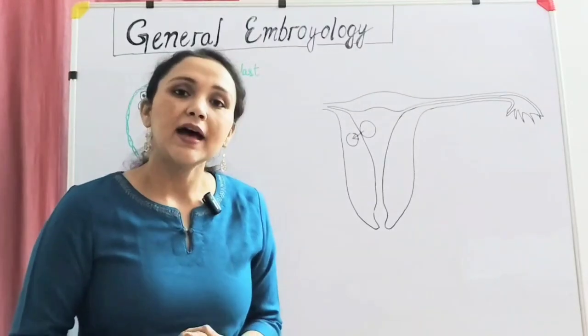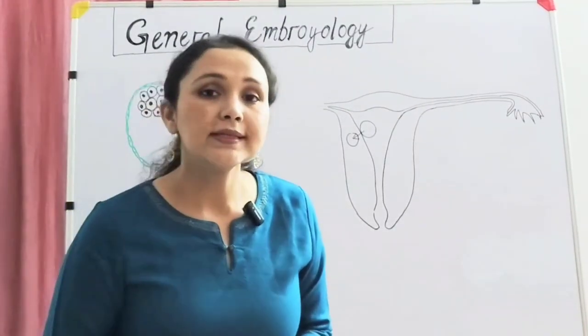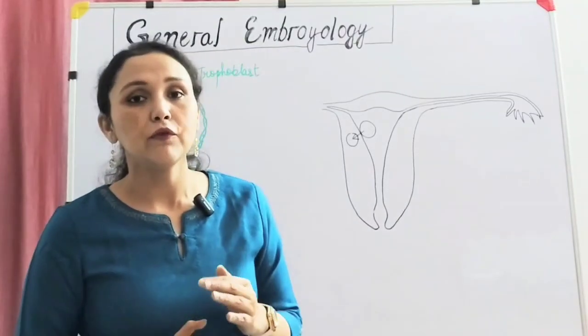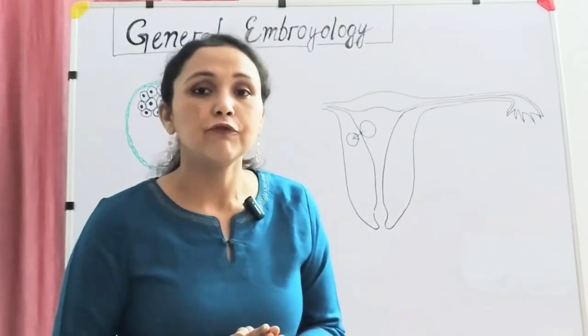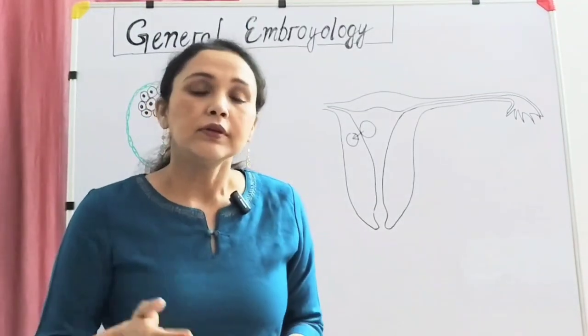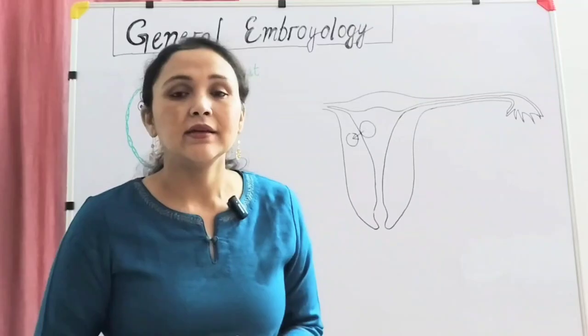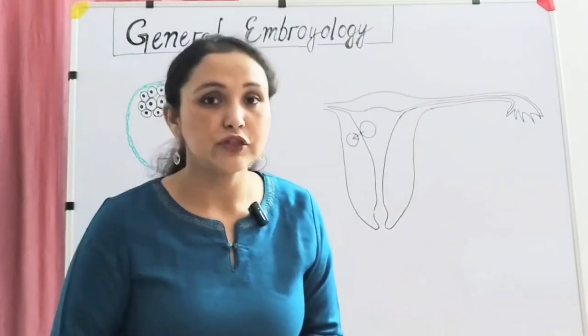Besides this, it has a very important role in immunosuppression. Now, what does that mean? As we all know, the newly formed zygote or the embryo is completely new to the mother. It is a foreign thing to the mother. So, the mother can initiate an immune response to the newly formed embryo and thus completely destroy it.